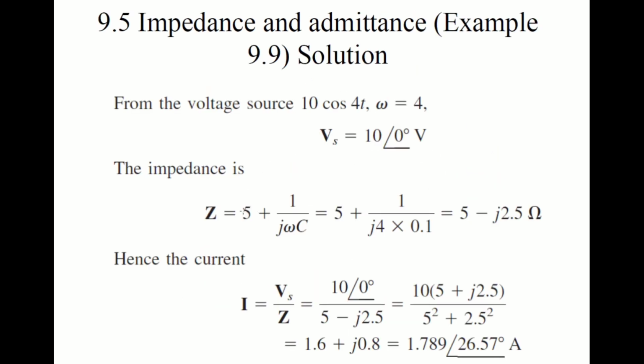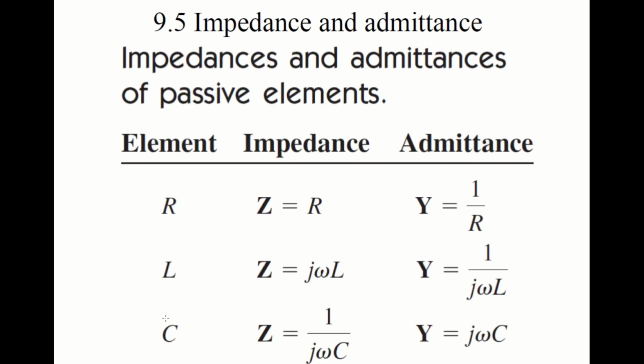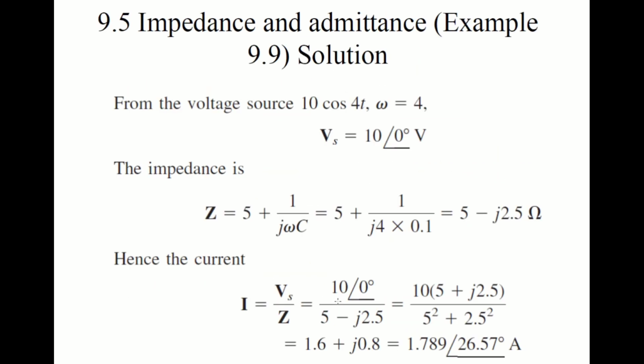That's why we get 5 plus 1 over jωC. If we look back at this table, for the capacitor the impedance is equal to 1 over jωC. So C is the value of the capacitor, and ω is the angular frequency of the voltage source, which is 4.